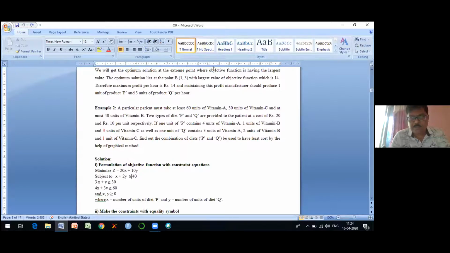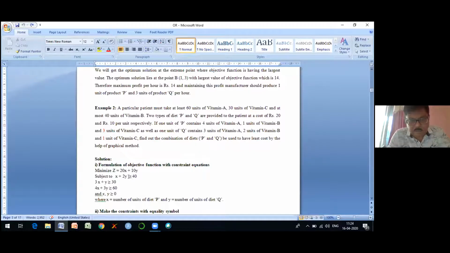Sir, in vitamin C, should it be equal? In this case, 3x plus y equal to 30, x plus 2y less than equal to 40, not greater than.